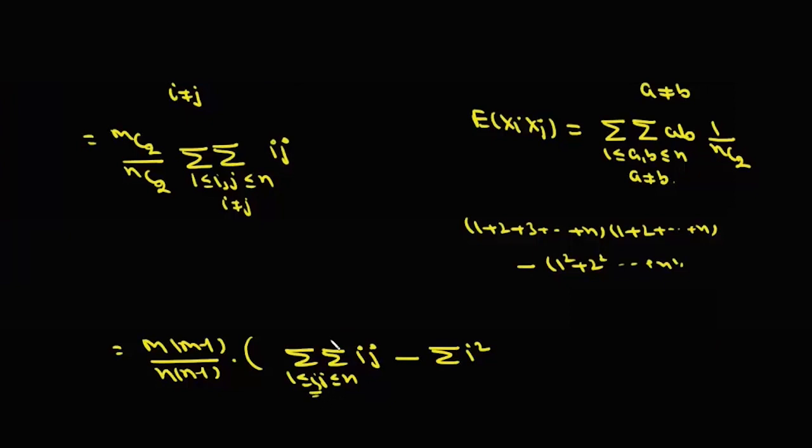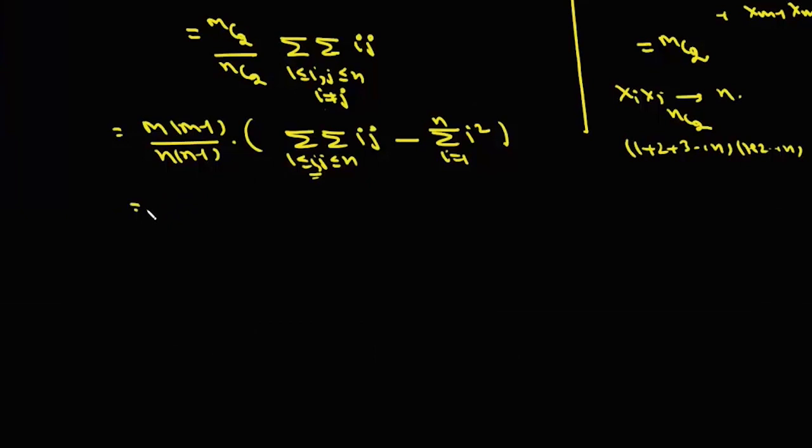So from this we have taken out all those cases where i is equal to j. So it will be this summation i square, where i varies from 1 to n. The sum of i into j is basically 1 plus 2 plus 3 up to n into 1 plus 2 plus 3 up to n.